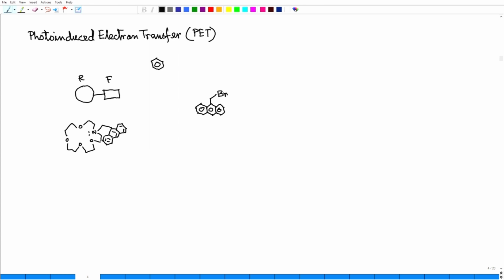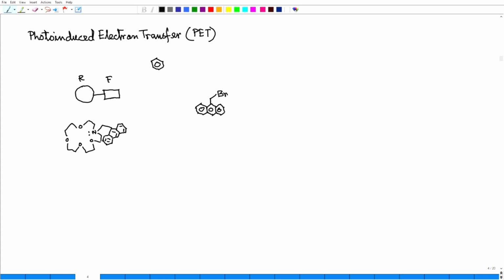That NH can be replaced and it can go here, and this anthryl group is attached to this particular macrocycle. So, here is a fluorescent signaling system.